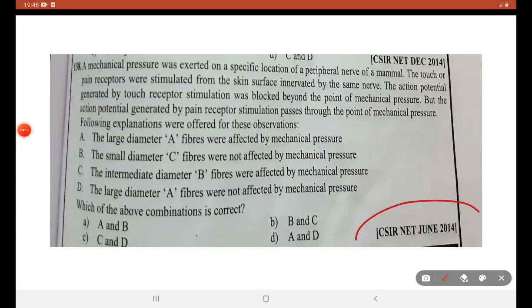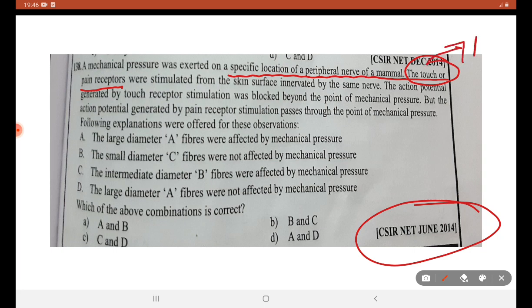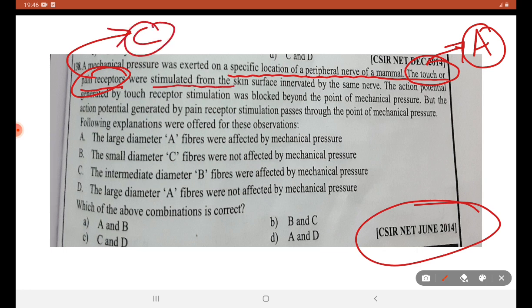Next, a question from June 2014. Mechanical pressure was applied on a specific location of a peripheral nerve of a mammal. Touch or pain receptors: yesterday we saw about touch and pain receptors. Touch receptor is associated with A fiber. Pain receptor is associated with C fiber. They were stimulated from the skin surface innervated by the same nerve.